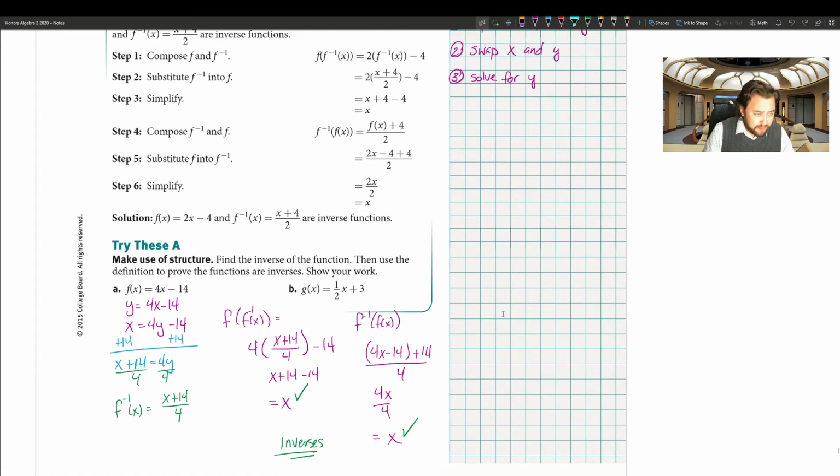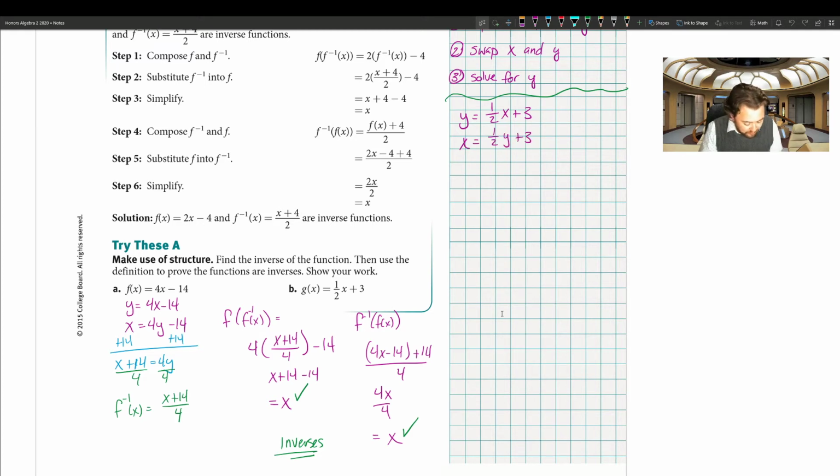We're going to do the same thing with g of x. It's going to take probably some squishing on my part. The first thing we do is find the inverse. I swap the g of x to a y, so y equals 1 half x plus 3. I flip-flop the x and the y: x equals 1 half y plus 3.